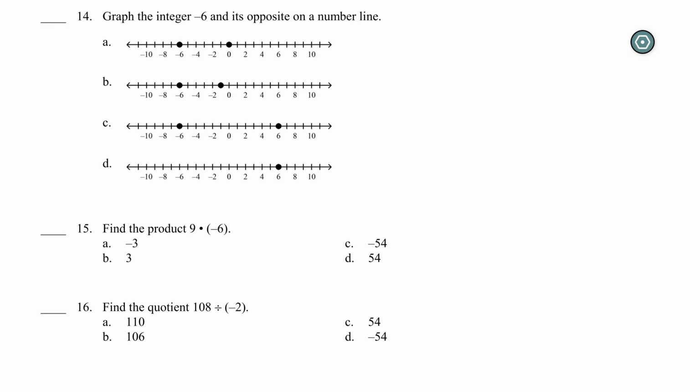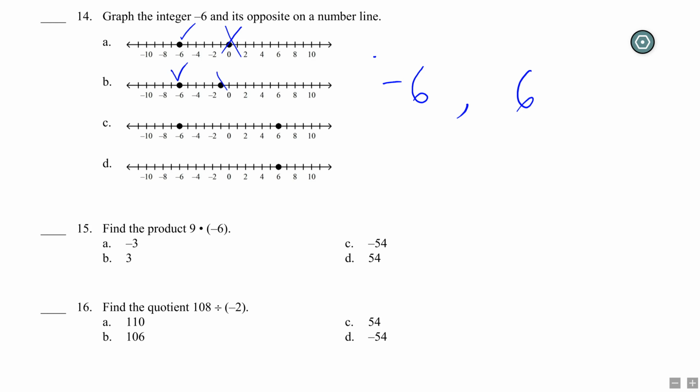Question 14, graph the integer -6 and its opposite. So -6 and then the opposite of -6, which we know is going to be +6. So those are the two values that I'm looking for. And so A, I have -6, yes, but that one doesn't work.